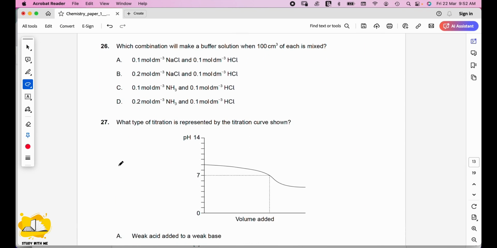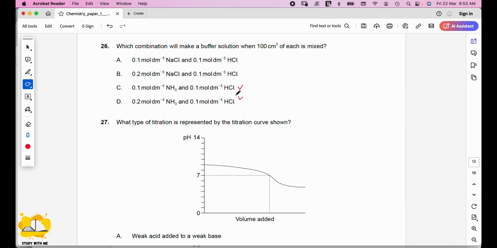And which combination will make a buffer solution when 100 centimeter cube of each is mixed? The key here, if you want to make a buffer solution, is that it always contains an acid and a base. So between A, B, C, D, you will get C and D, a weak acid and a weak base.